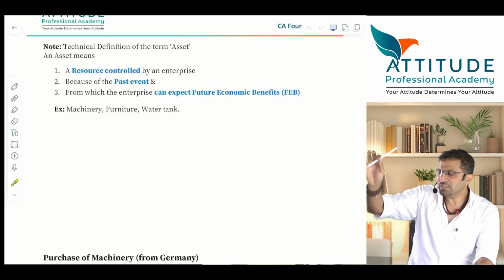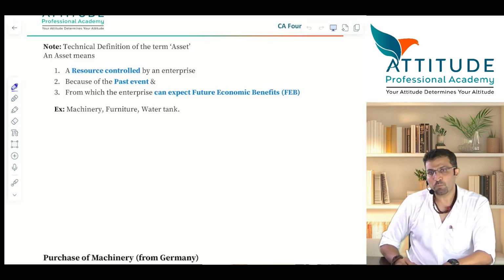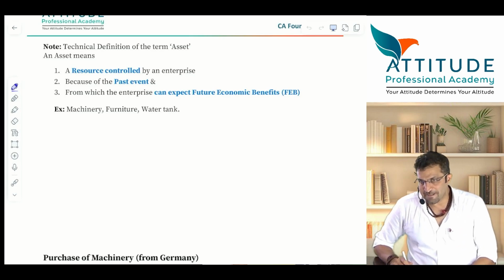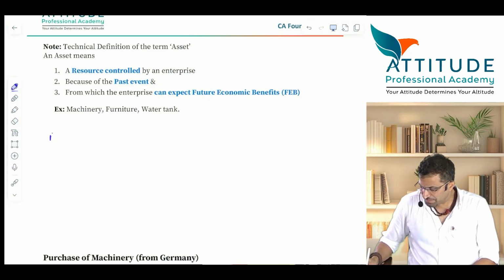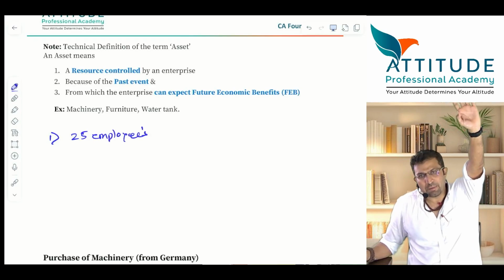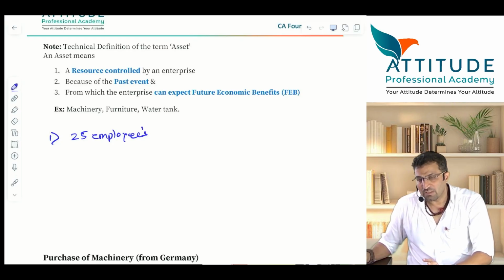Is that clear? Now, I'll give you one more example. Let me see how many of you can answer this. I have 25 employees. I am a businessman, so you have to advise me how to treat this item, whether it is a revenue expenditure or a capital expenditure.